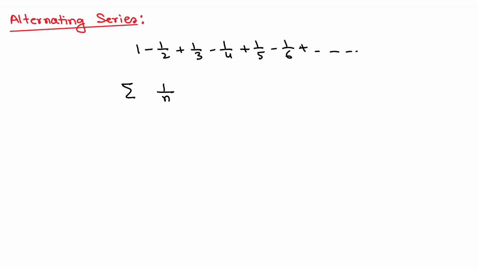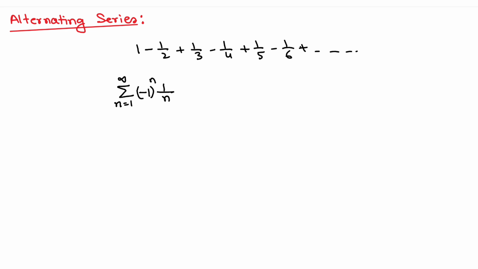So I write minus 1 to the power n: summation of minus 1 to the power n times 1 by n, where n runs from 1 to infinity. Is this expression correct for this series?